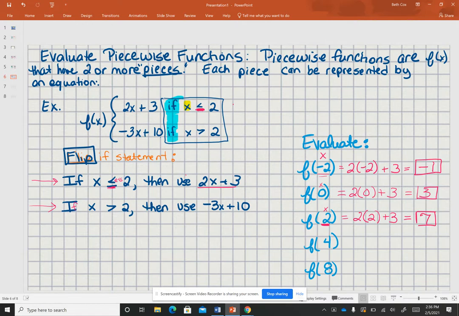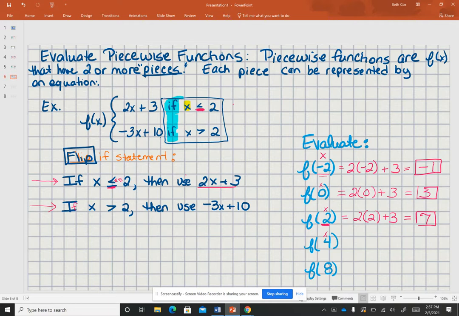All right, so now the 4. My x is 4. All right, let's go to the first criteria. Is my x less than or equal to 2? Wait a minute, what's my x this time? This time, my x is 4. So no, it's not. So I go to the second one. Let's see, does it fit the second one?